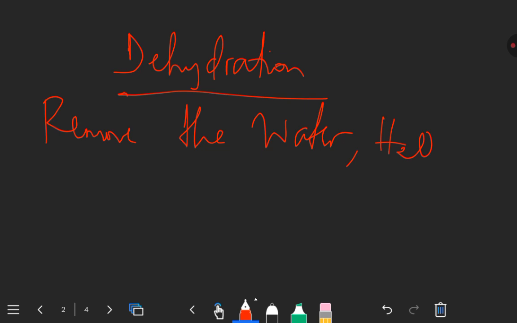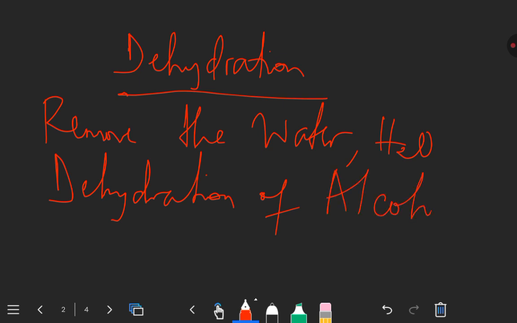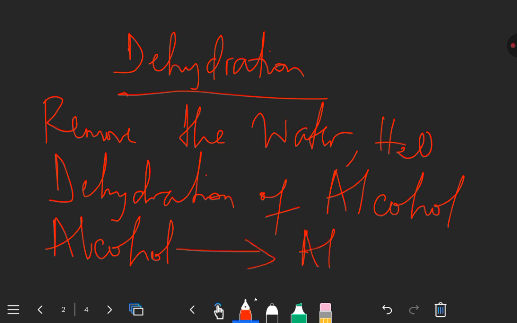So when you're talking about dehydration of alcohols, you're simply changing an alcohol into an alkene. So in short, you're forming a double bond.